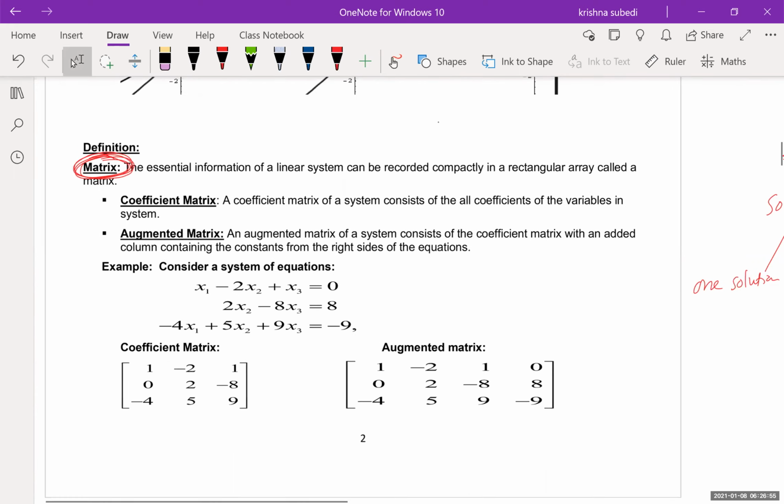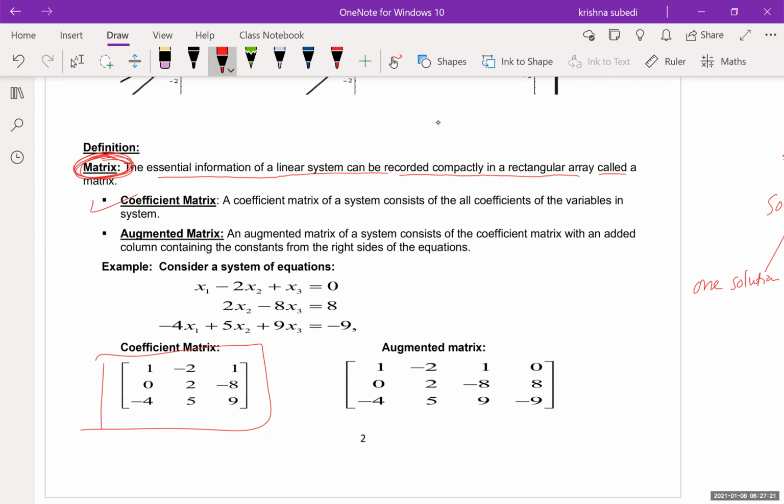Well, if you put numbers in a rectangular array like this, we call this a matrix. The essential information of a linear system can be recorded compactly in a rectangular array called a matrix.